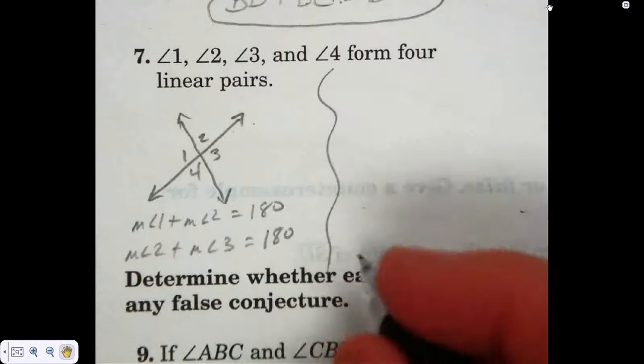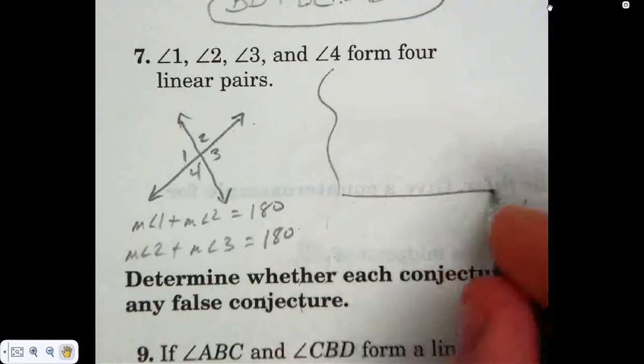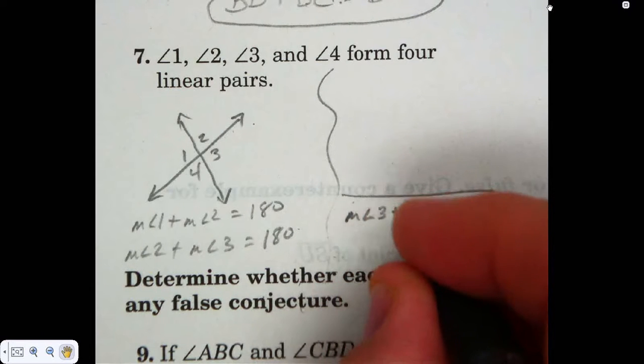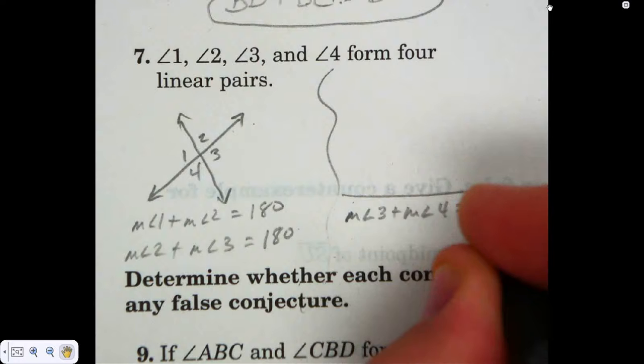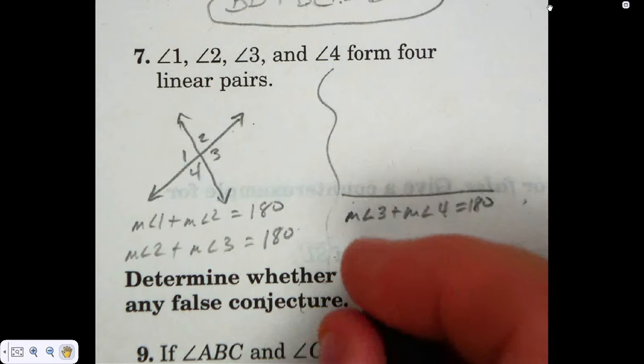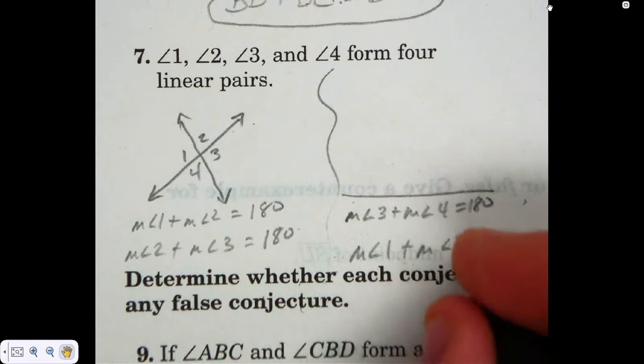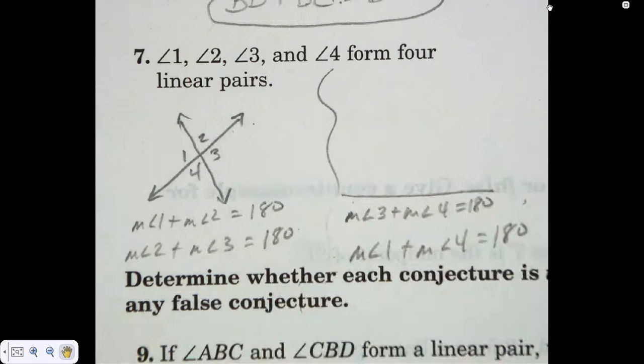What else? And the last one. See the 4 linear pairs created?